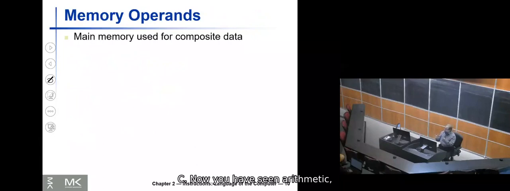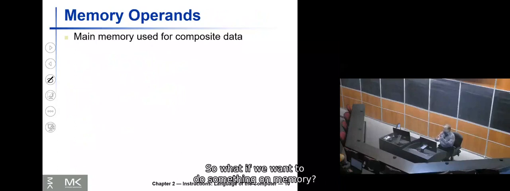Now you have seen arithmetic, simple arithmetic instructions, which were add and subtract. What if we want to do something on memory? Everything is not in the registers. When you start your computer, the computer is blank. Then we have something on the hard disk.